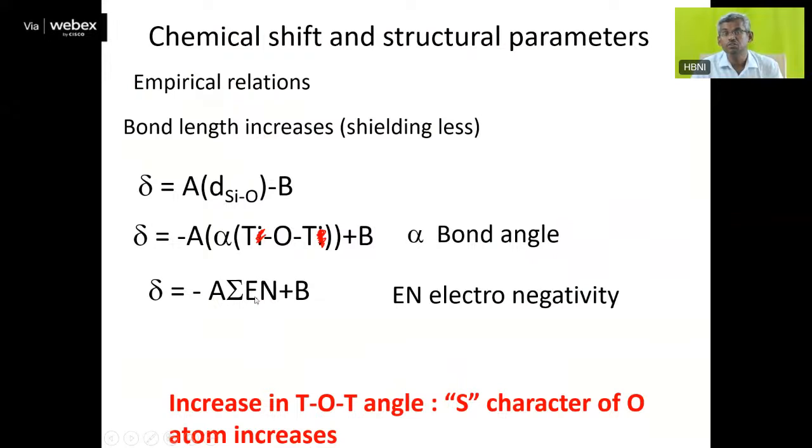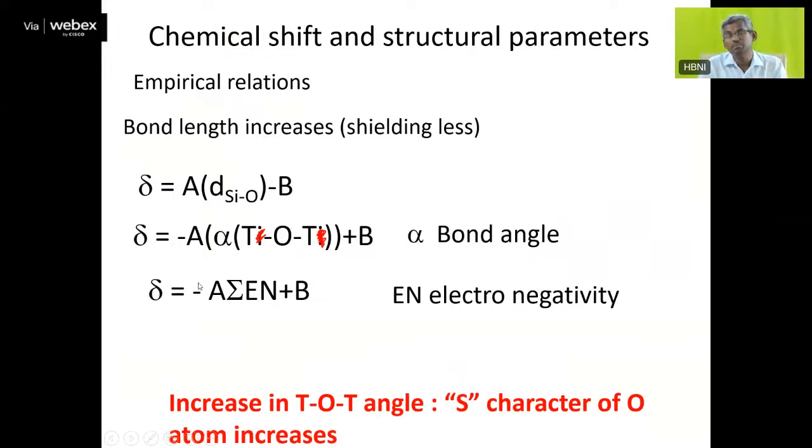Similarly, the electronegativity of the nearby neighbor. Once the electronegativity increases, the near neighbor is most of the time oxygen only, and the next near neighbor can be a silicon or aluminium, etc. So if the electronegativity of the near neighbor is high, then there is also a chemical shift change, where the delta value increases.